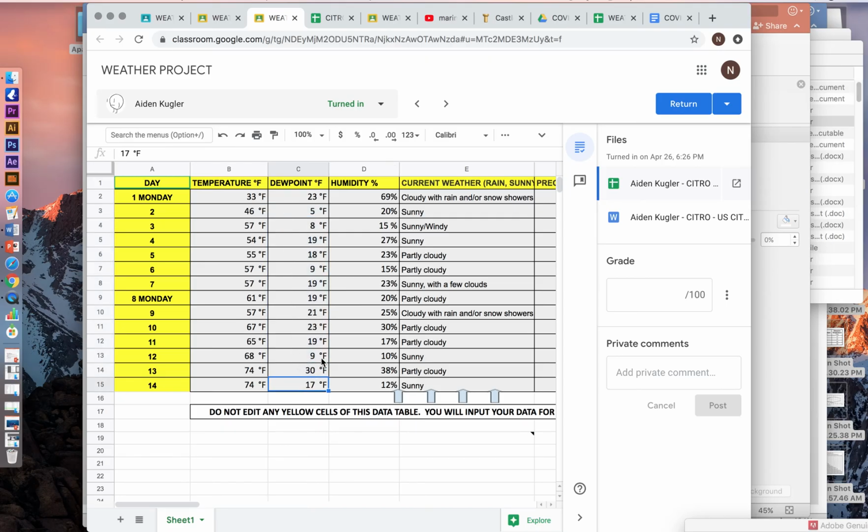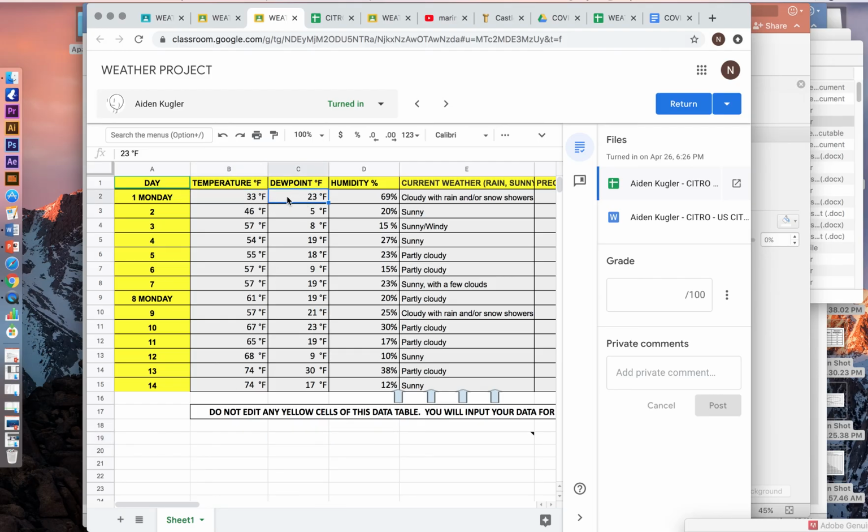Okay, really interesting data. Some of this must have been a very warm day, also a dry day, and here, sunny. Remember that the closer the temperature is to the dew point, the greater the humidity. So here are a few examples, 33 and 23.